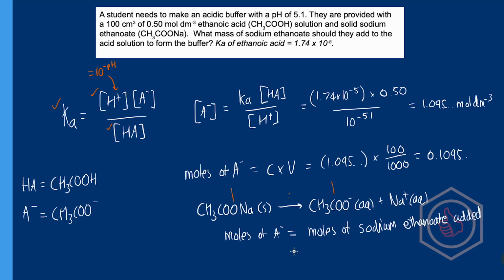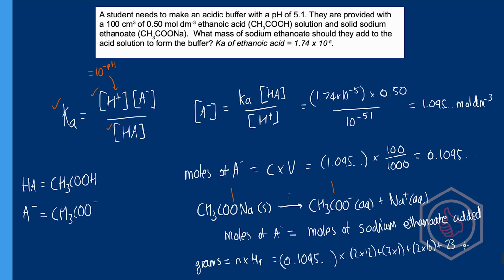Well, to figure out the mass of sodium ethanoate then, we can use mass equals n times Mr, and the moles in this situation is 0.1095. The Mr, or molar mass of sodium ethanoate, is 2 times 12 plus 3 times 1 plus 2 times 16 plus 23.